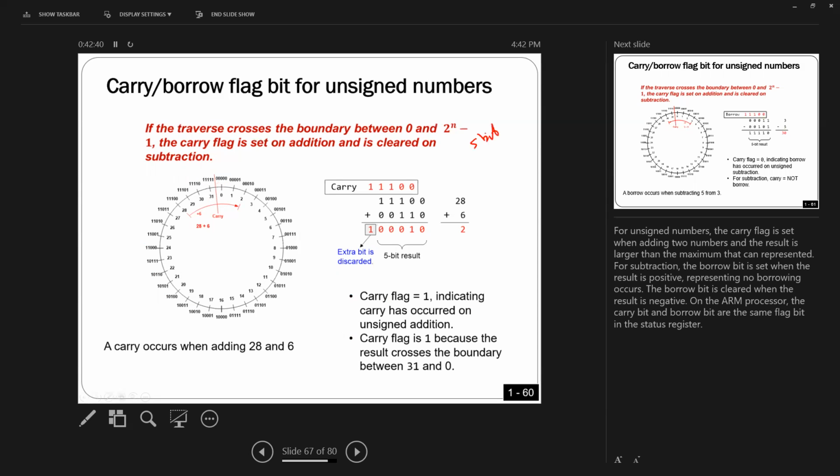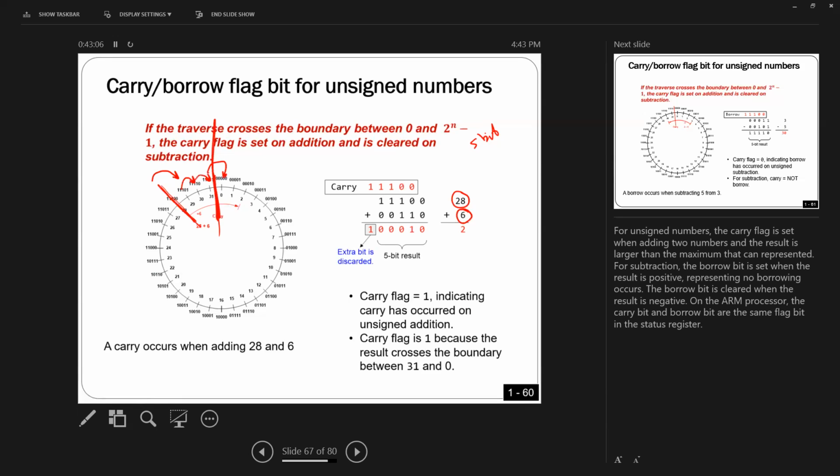Okay, guys, see what's going to happen if I want to add 28 plus 6. So 28 is here. Let's add 6 to 28. So I'm going to add 1, 2, 3, 4. If you cross this limit, if you cross here, overflow happens.